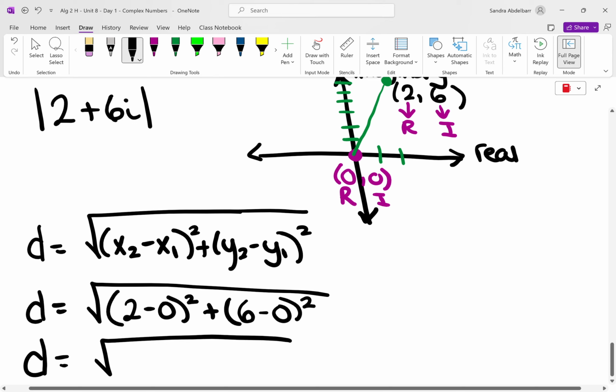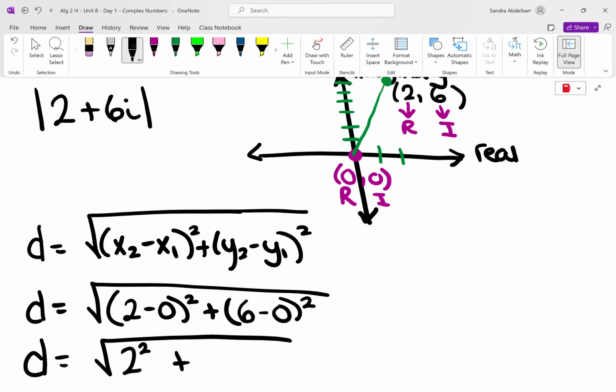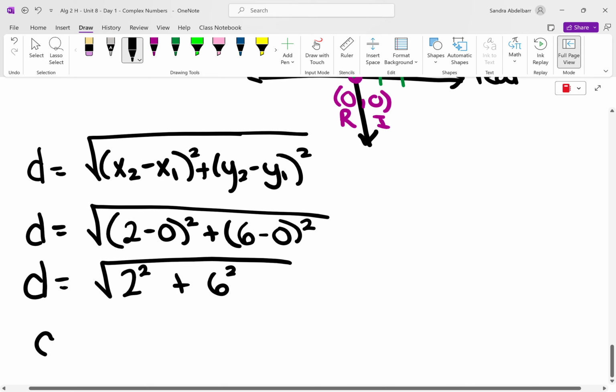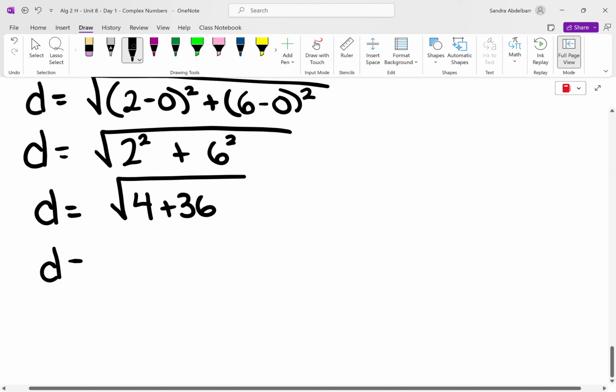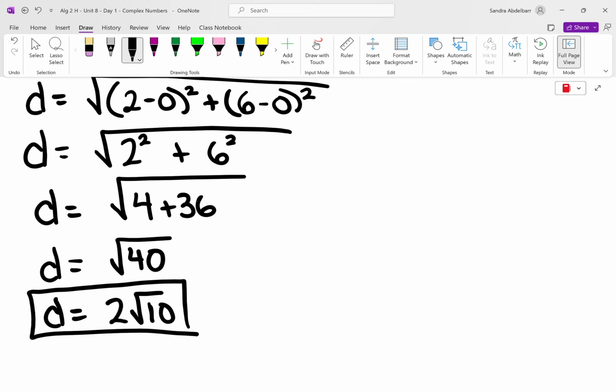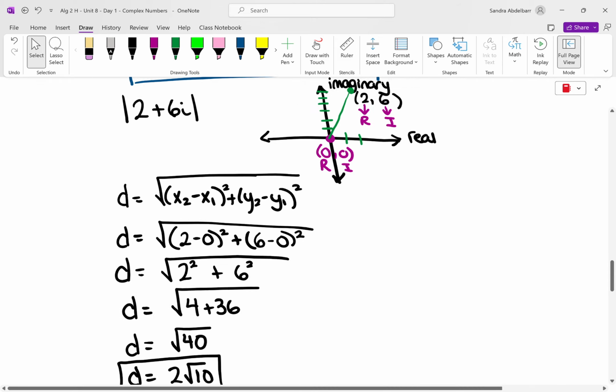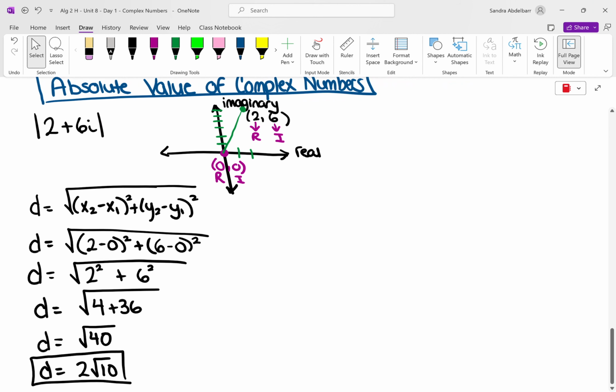So because from both real and imaginary coordinates, we're subtracting 0 from them, isn't this just going to be 2 squared plus 6 squared? So the distance between these two will be the root of 4 plus 36, which is the root of 40, which simplifies down to 2 root 10. This was the long way, using the distance formula.